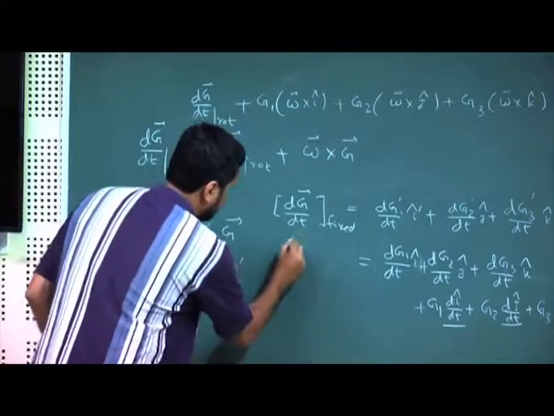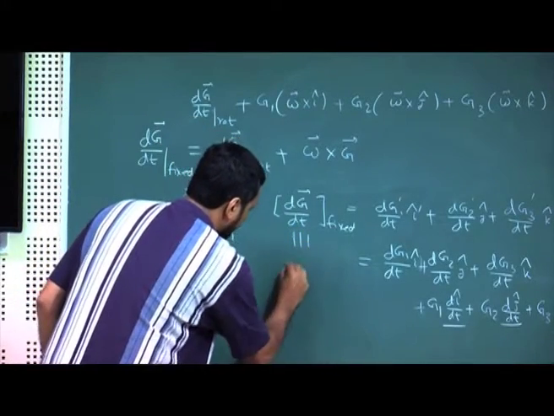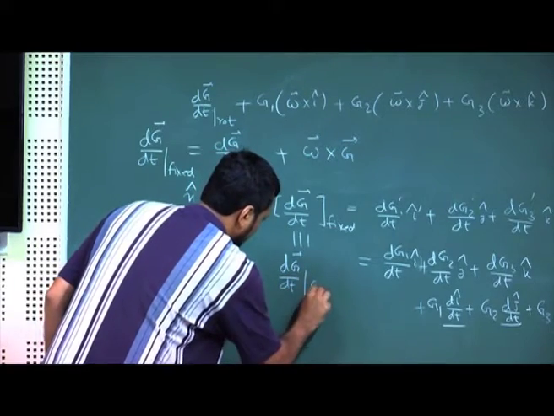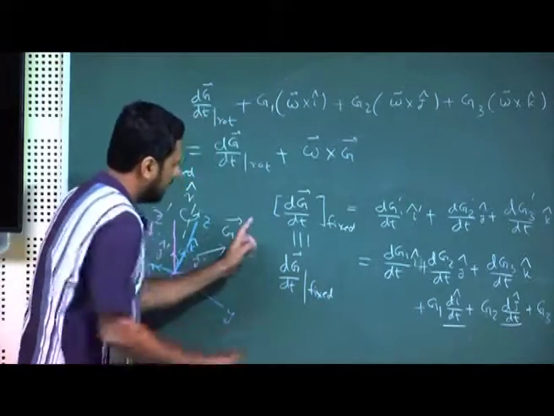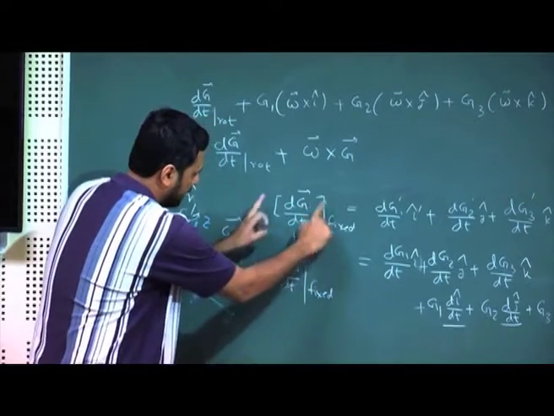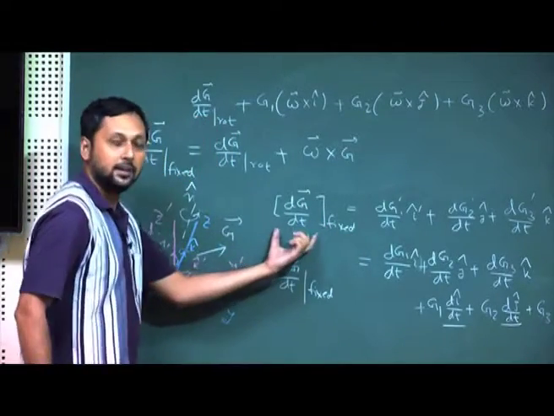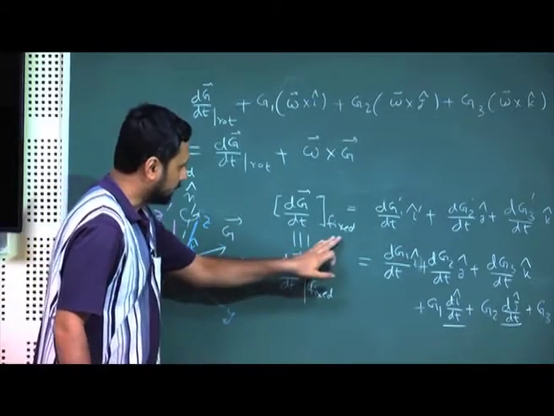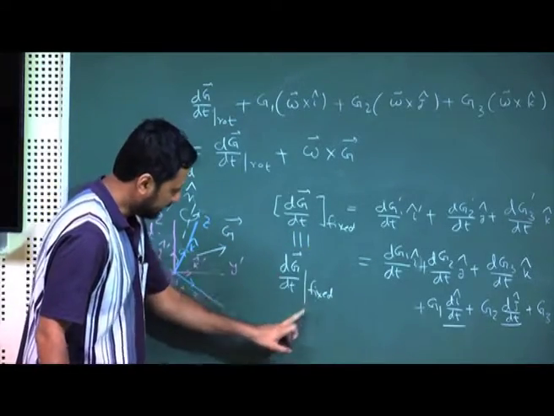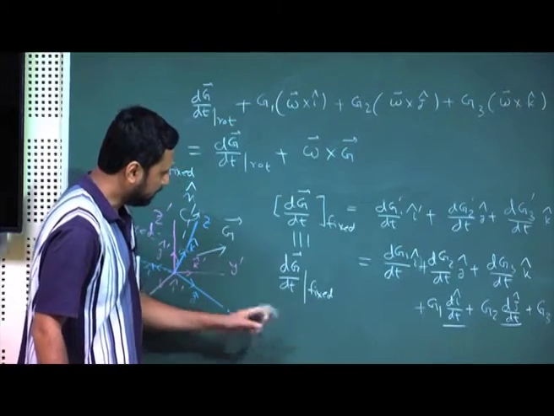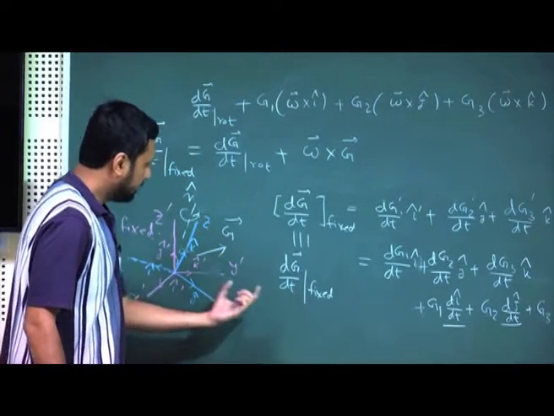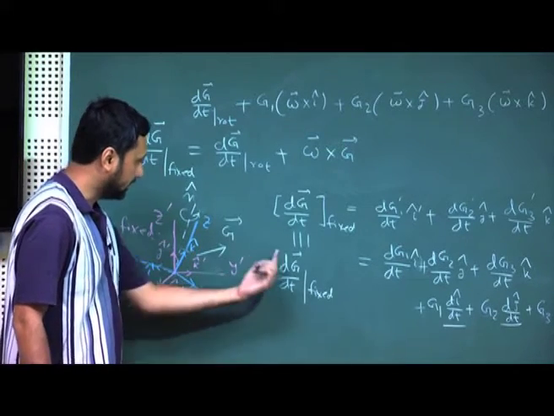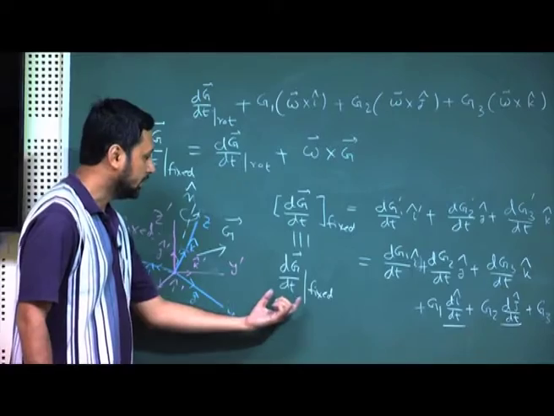Please understand that when we use an entire bracket, that means the time derivative is executed with respect to the fixed frame, and when we write a subscript, that means the time derivative measured with respect to the instantaneous position of the axes.